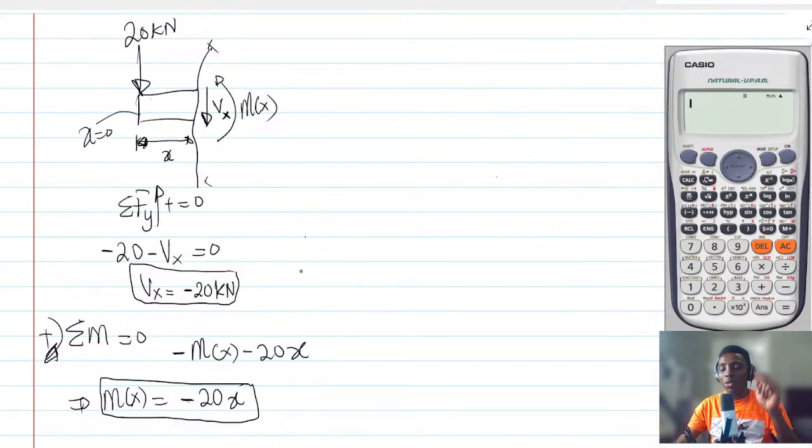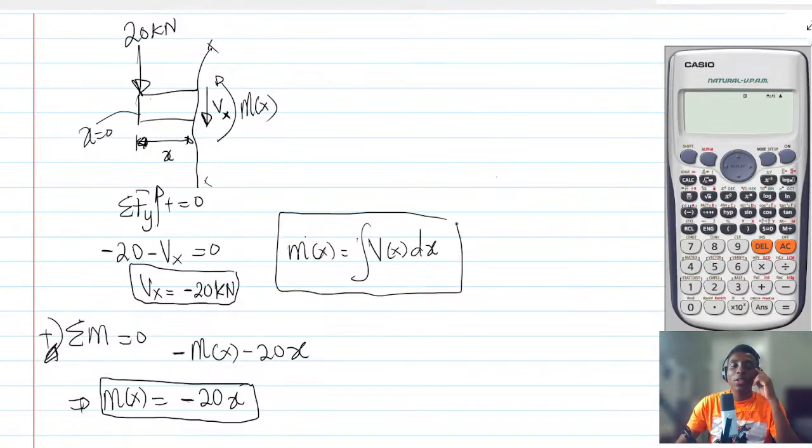Now I want to teach you a trick here. Please, I want to teach you this trick. Whenever you want to get moment, integrate the shear force with respect to x. If you integrate shear force with respect to x, you get moment. So in actual fact, all you have to do is to integrate.